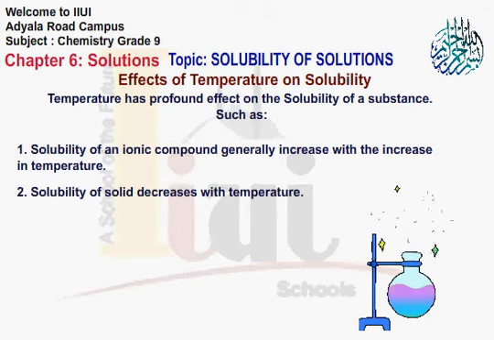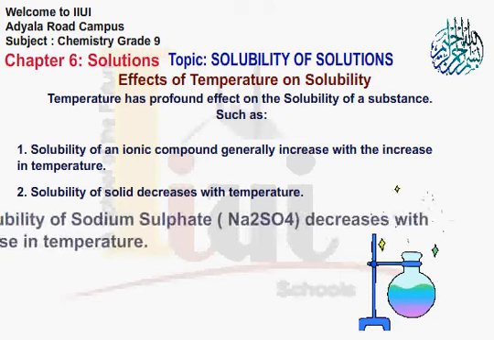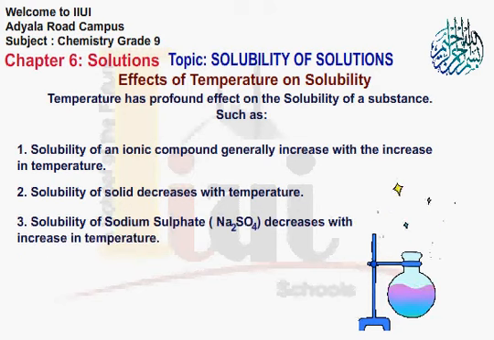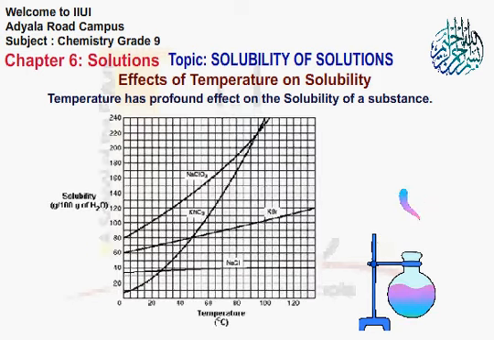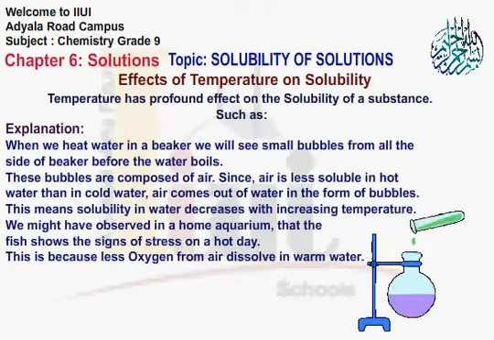Number 2, the solubility of a gas decreases with temperature. And number 3, the solubility of sodium sulfate, that is Na2SO4, decreases with increase in temperature. Students, the variation of solubility with temperature is shown on screen with the help of a graph and its explanation.